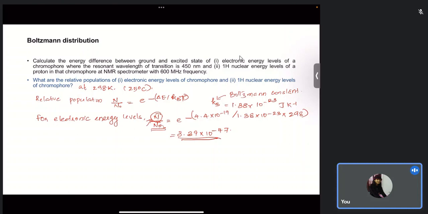When N by N0 is very much less than 1, it means your excited state is very much less populated than the ground state.